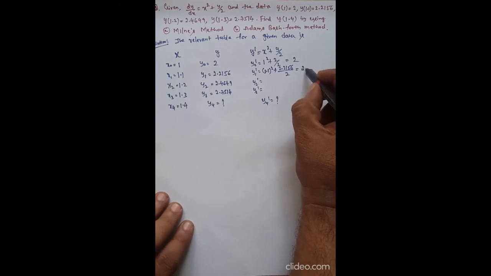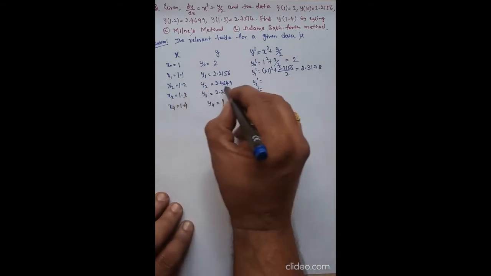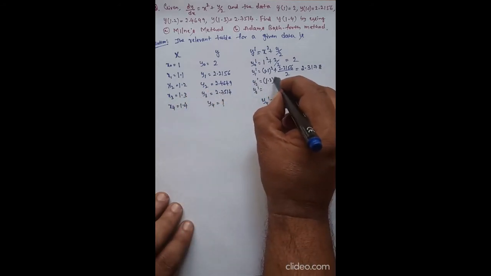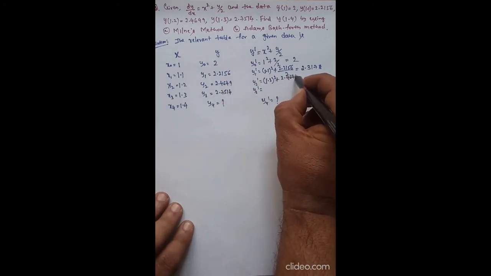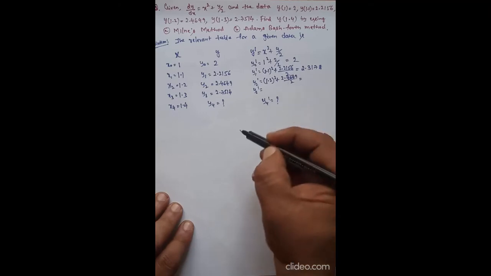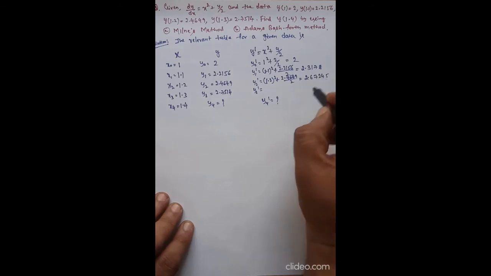Calculate this, you get y1 dash. It is 2.3178. Next, y2 dash, substitute these values. 1.2 whole square plus y, that is 2.4649, divided by 2. Simplify this, you get 2.67245.